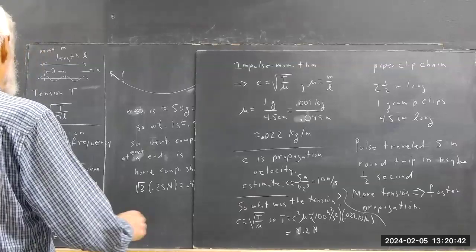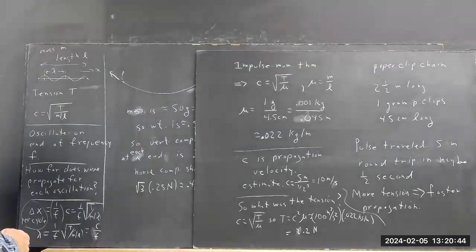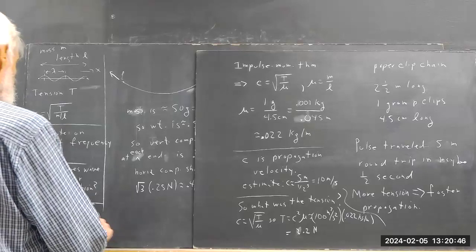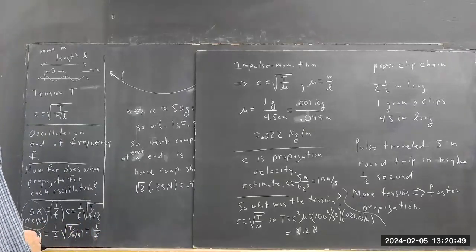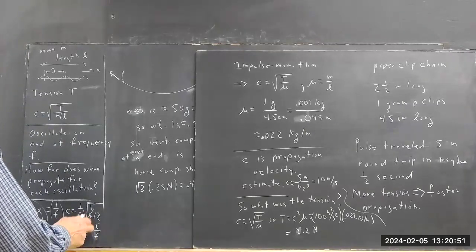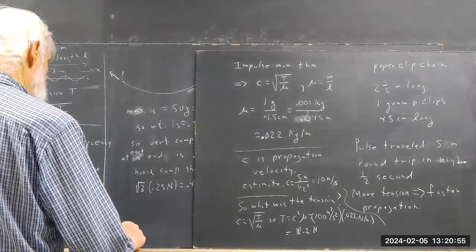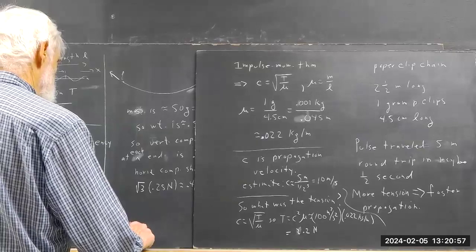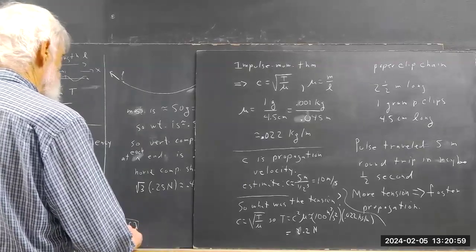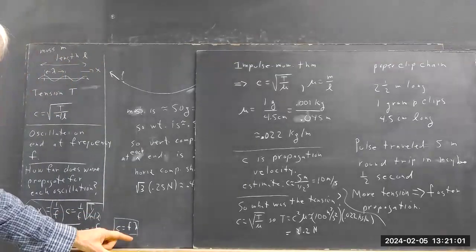And the simplest relation to remember between wavelength, propagation speed, and frequency is C equals F lambda, which makes sense also.